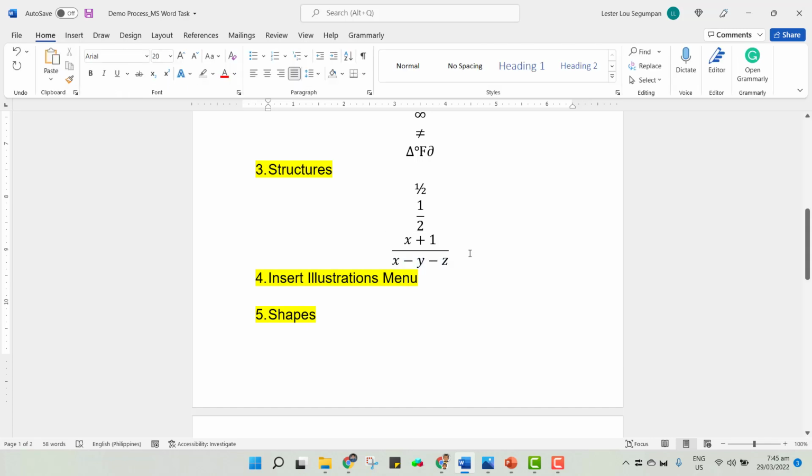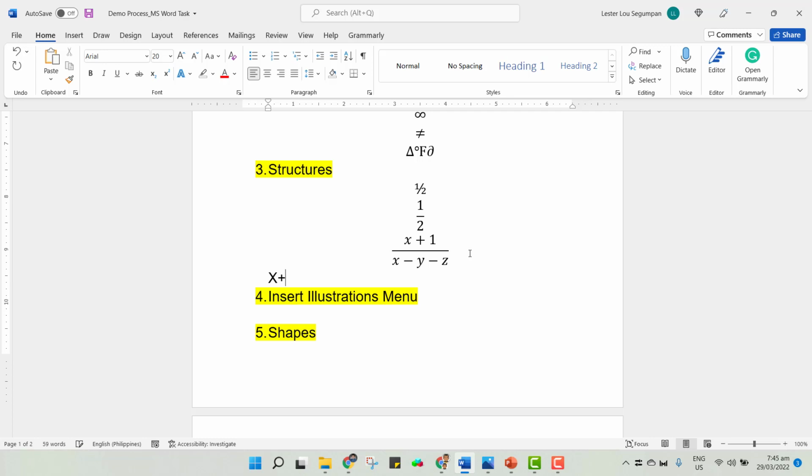Some of the student teachers, not just this school year but before, like to type out the formats of exams. So instead of doing this, you can simply make an equation for the fraction.